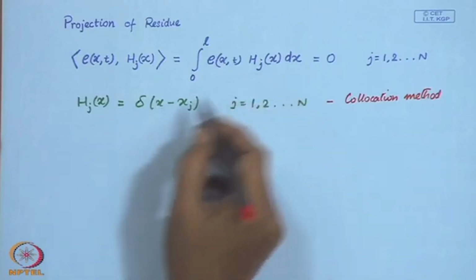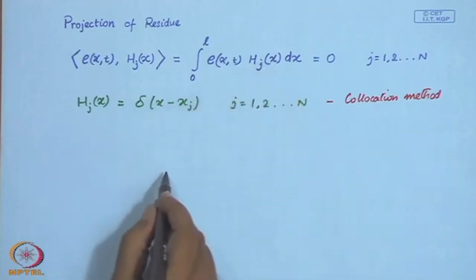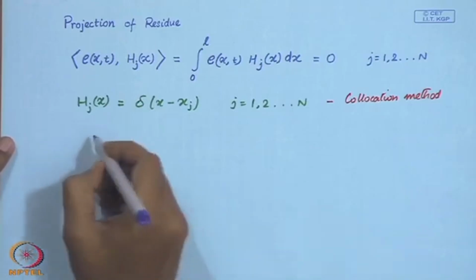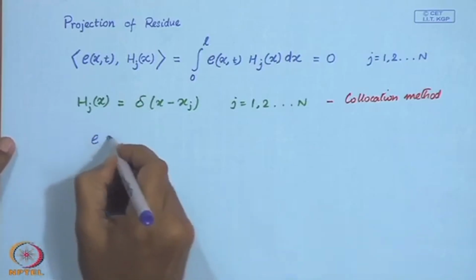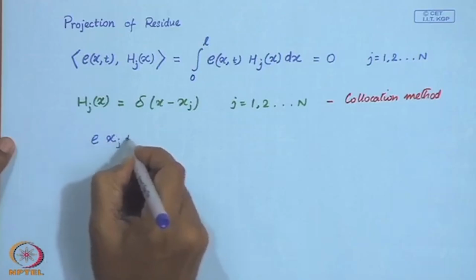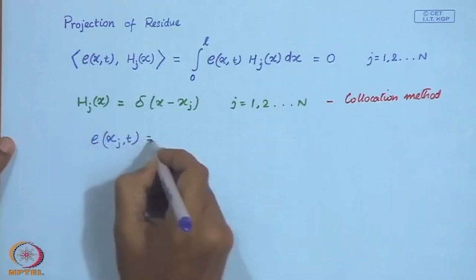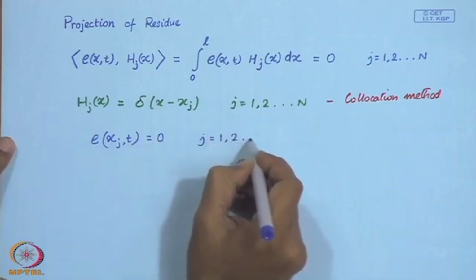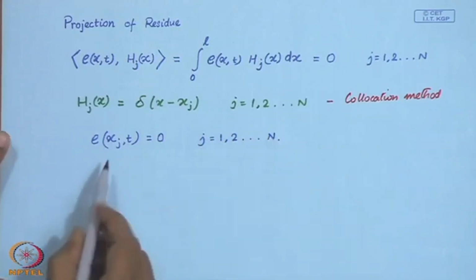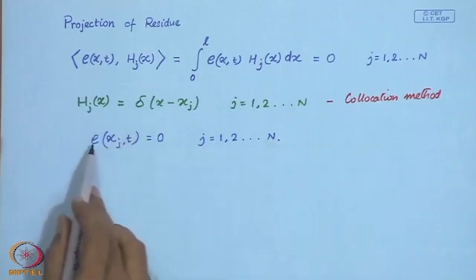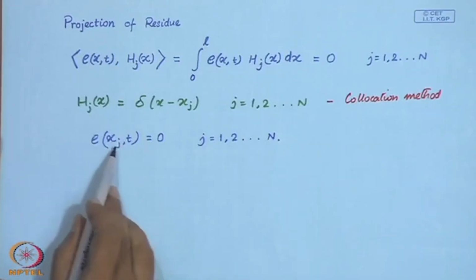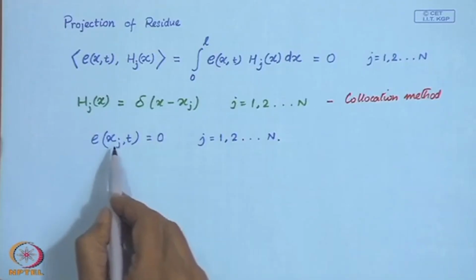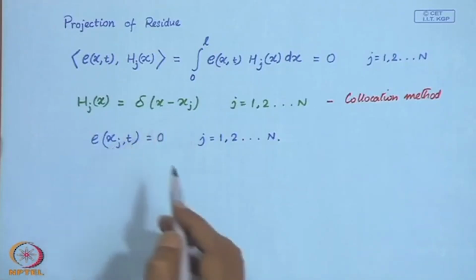If you substitute these functions here, then what you will obtain is what this means is that this residue is 0 at certain points, not at all points, but at certain points over the domain.